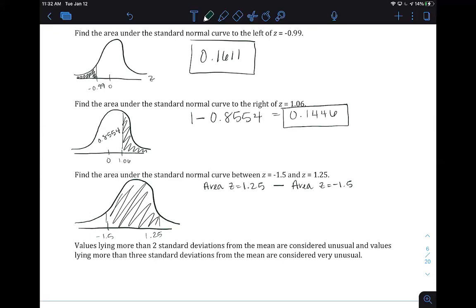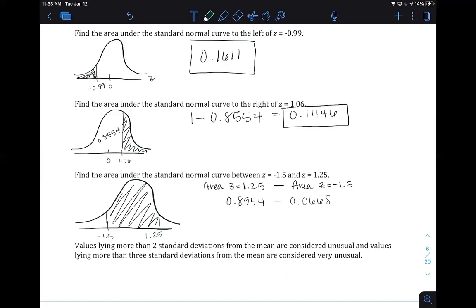Looking at your tables, what do you get for the area of z equals positive 1.25? 0.8944 minus, what's the area for negative 1.5? 0.0668.